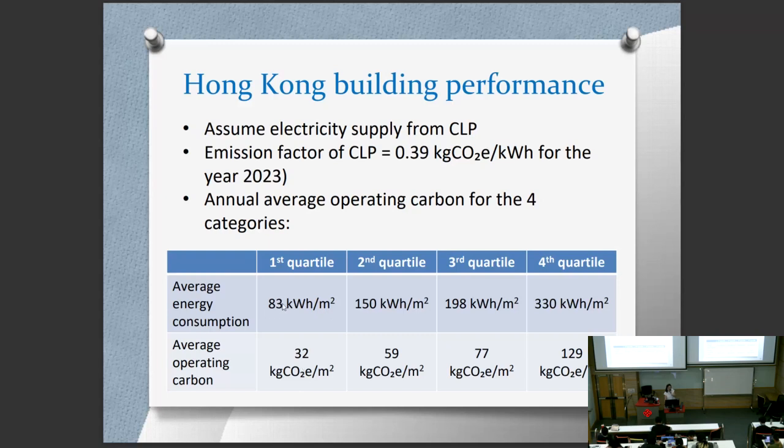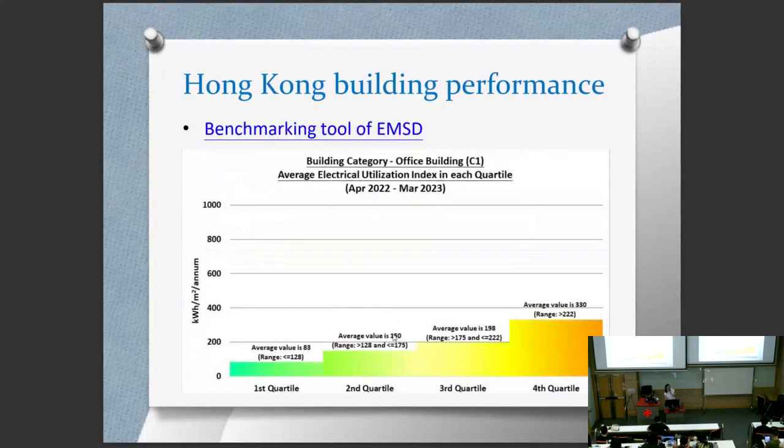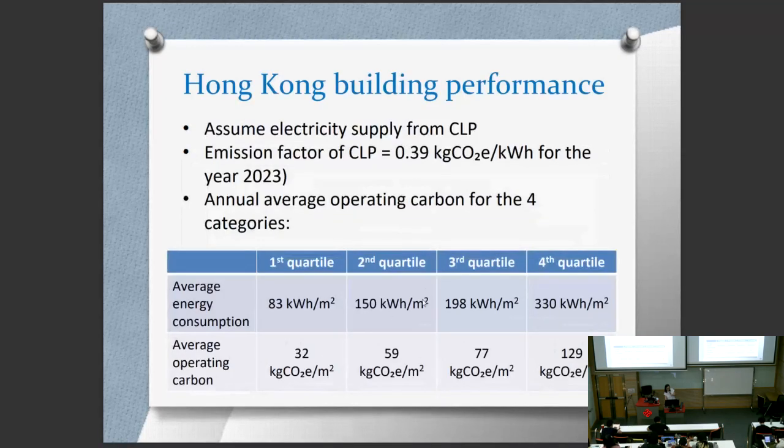So just 83 multiply 0.39, then we can convert energy consumption per square meter into carbon emissions per square meter. So 32 kg carbon dioxide emissions per square meter. And then for the second quartile, the average 150, and for the third 198, and for the fourth 330. So we can convert these energy consumption intensities into carbon dioxide emissions values. Okay?